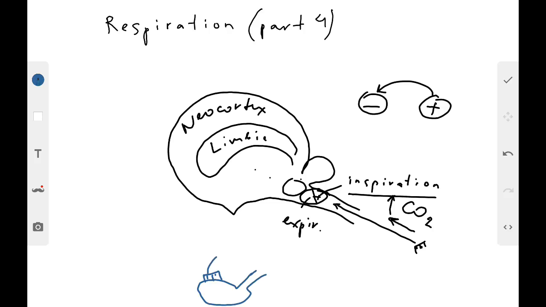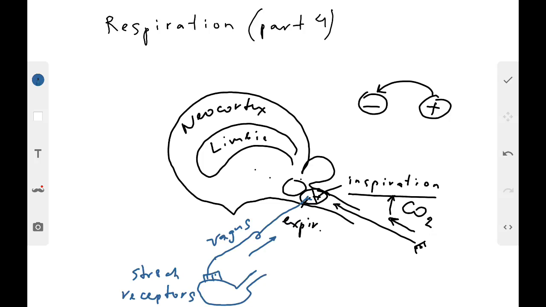These stretch receptors are stimulated by the inflation of lungs, by expansion of lungs, and by special afferent fibers of the vagus. Through these fibers, excitation goes to the central nervous system.